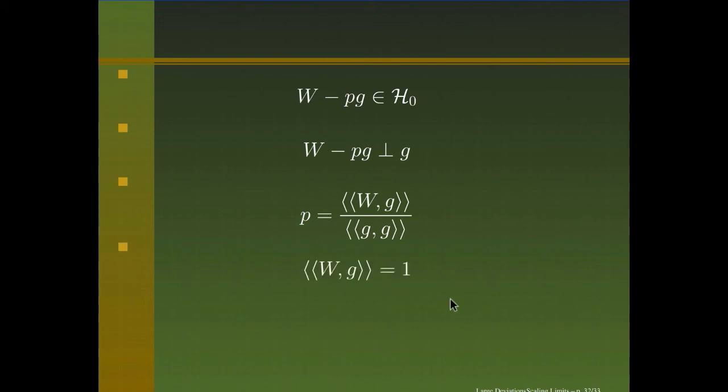And one can compute the inner product with W and G. It's a little bit complicated, but it's not that difficult to compute because W is really L of something, but L of something not really well defined.